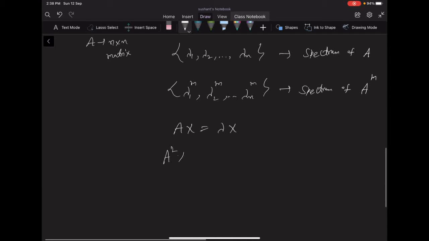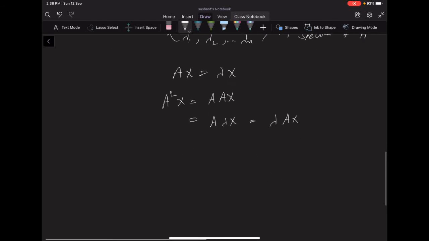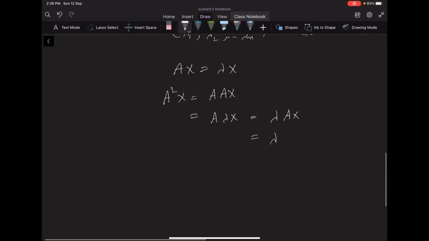Then A square x is A into Ax, and Ax is lambda x. Here lambda is just a number, so we can take it outside: lambda Ax. Then again Ax is lambda x, so this is lambda square x. We can generalize this to show that A to the power m acting on x gives lambda to the power m x.